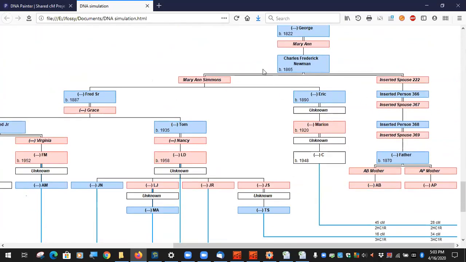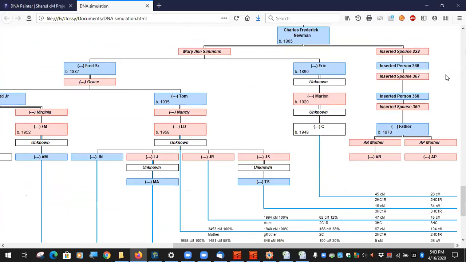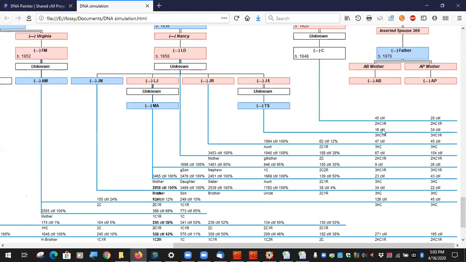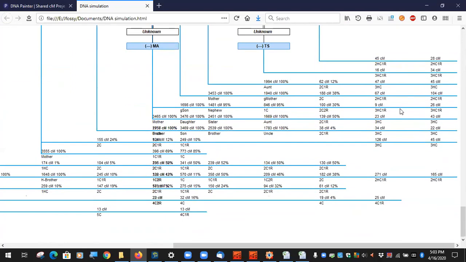Then lastly, here it would be through another woman, whether he had another spouse, another wife, or he had an affair, and basically a grandchild of that, and it would be the half cousin relationship.